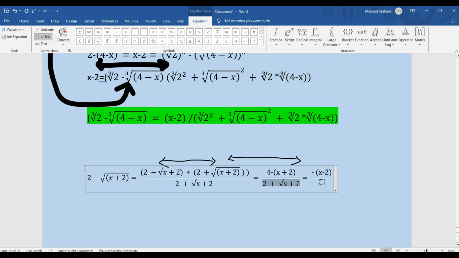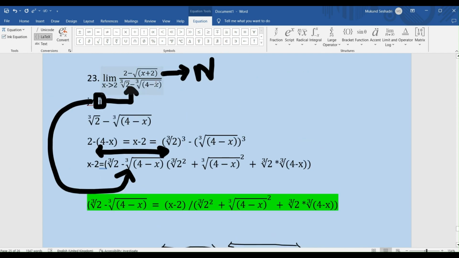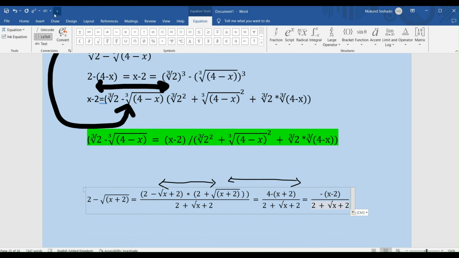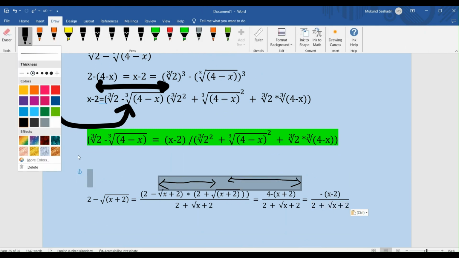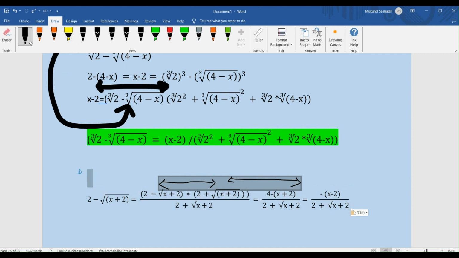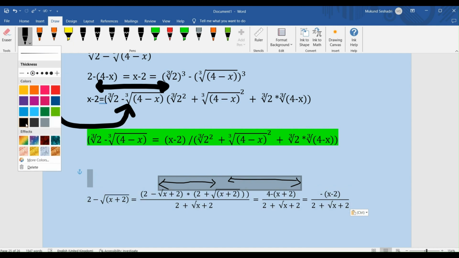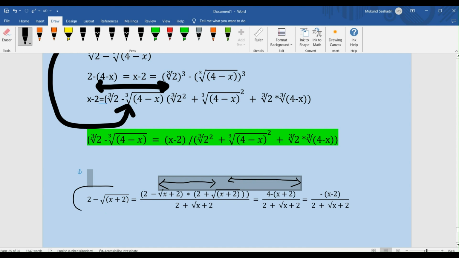And I copy this here. So now I've rewritten my numerator, and I've written this post rationalization like this, right?